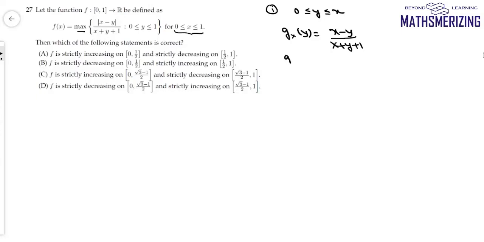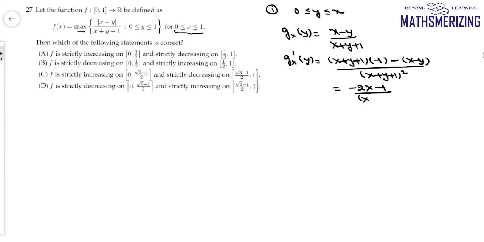So what I'll do is differentiate this function. So I'll find g dash y. It'll be (x plus y plus 1) into minus 1, and minus (x minus y), upon (x plus y plus 1) whole square. So in this case, I'll get minus (2x plus 1) upon (x plus y plus 1) whole square, which is less than 0.